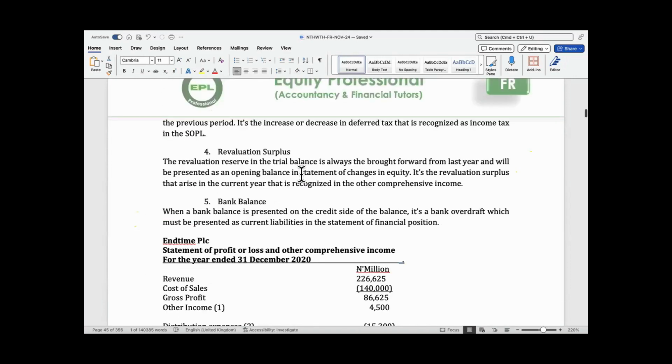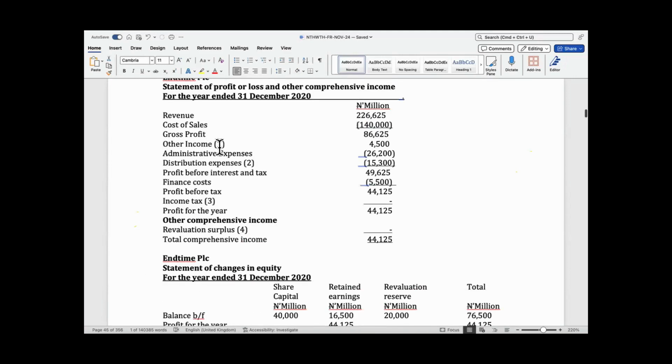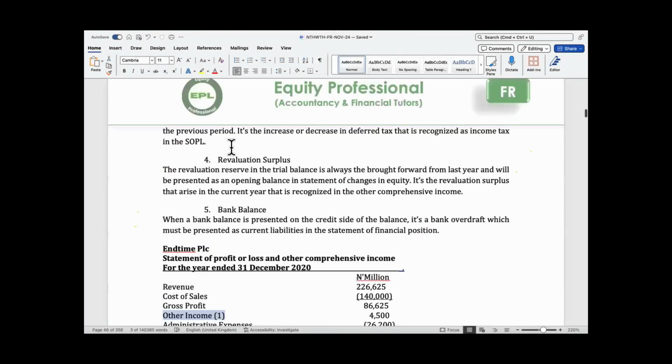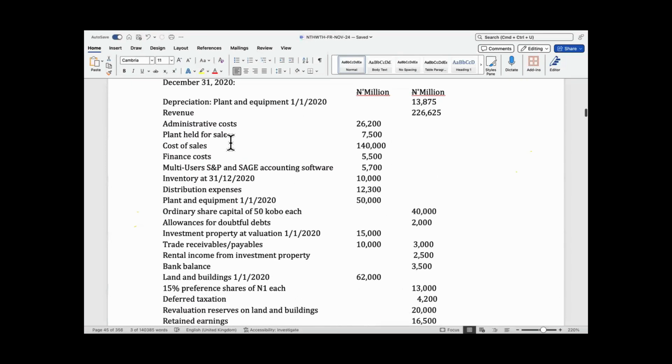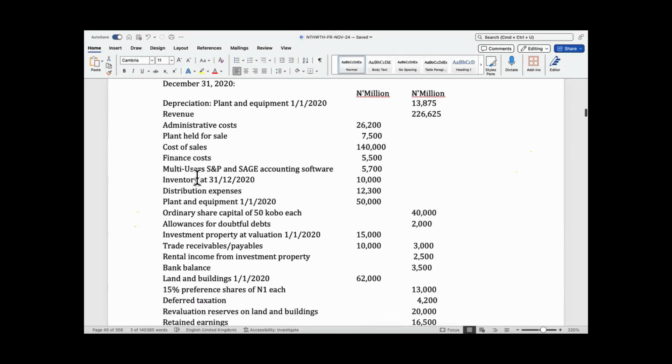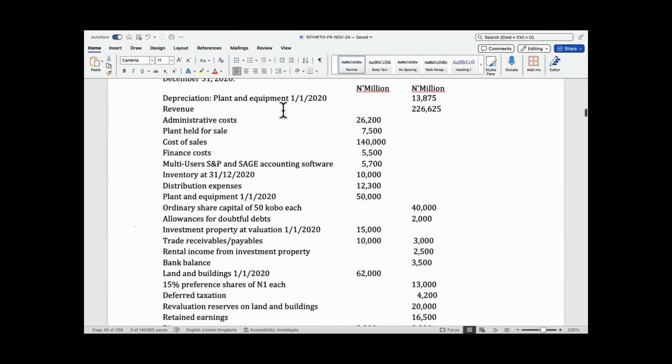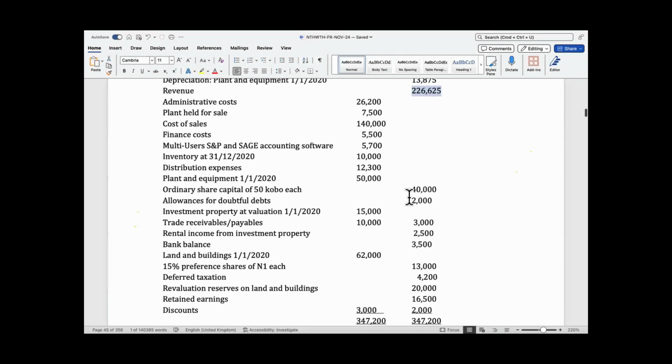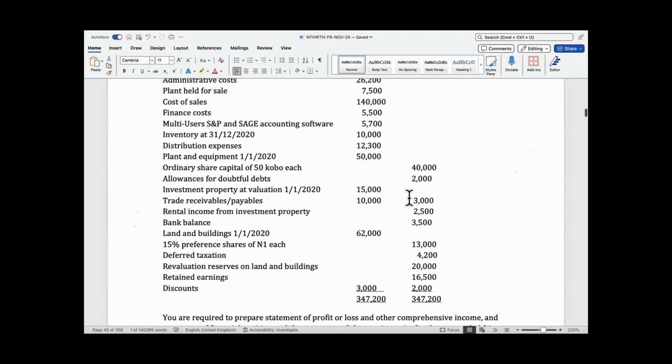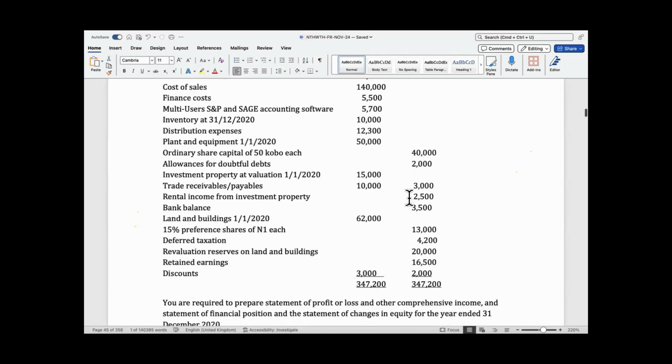So after my gross profit, I have my other income. For my other income, I need to go through my trial balance and know which one is other income. Since I'm talking about income, I should focus more on the credit side, because those are the items that can be other income. Is there any other income here?